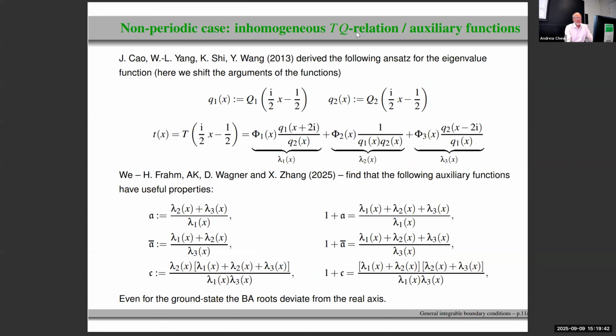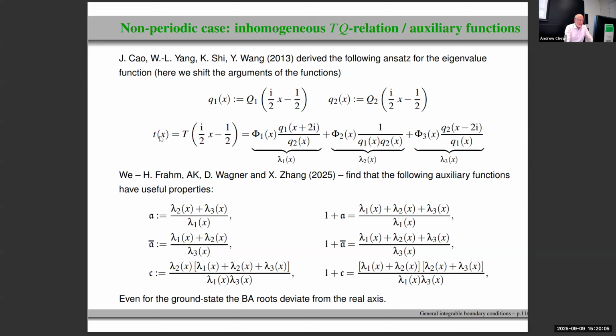The inhomogeneous TQ relation was derived by Cao, Yang, Shi, and Wang in 2013, and they use a particular parameterization which I find inconvenient. So we rotate the spectral parameter by 90 degrees on the complex plane and shift it, and then the TQ relation is written here.